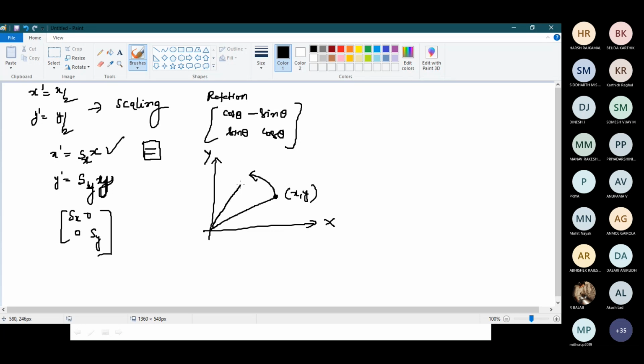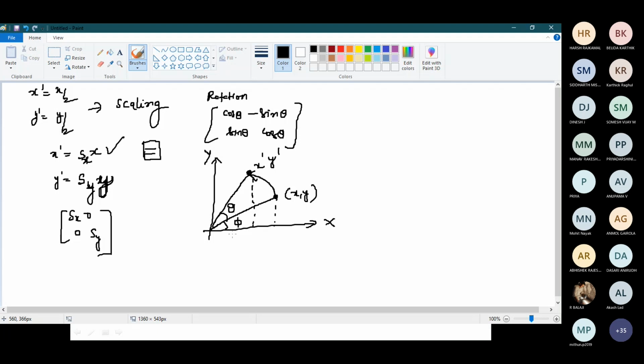Now it became x prime, y prime. Previously the angle was phi, now it becomes theta plus phi. Now if you see here, a right angle will be formed.